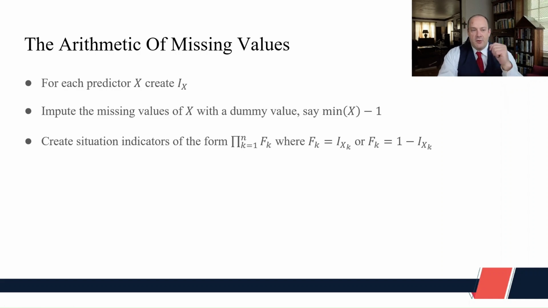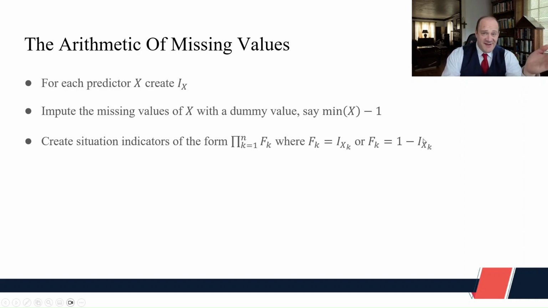So for each predictor in the more general case, we're going to create the indicator and impute the missing values with some dummy value. Then we're going to create a bunch of factors. They're either the indicator or 1 minus the indicator. When it's the indicator, that's indicating that the variable is missing.